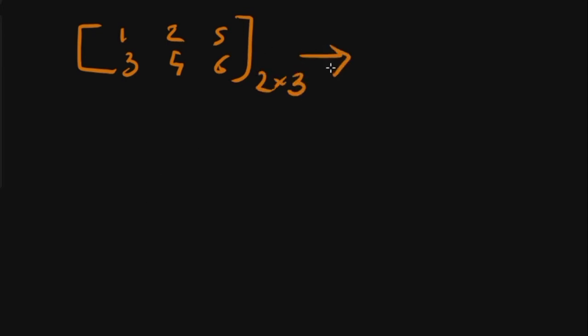So let's assume you have an array, let me just take 1 2 3 4 5 6 like this array, sorry, matrix. So here we have a 2 cross 3 matrix. So its transpose means basically we have to convert rows to columns and columns to rows. So this row 1 2 5, I have to convert it as column 1 2 5.